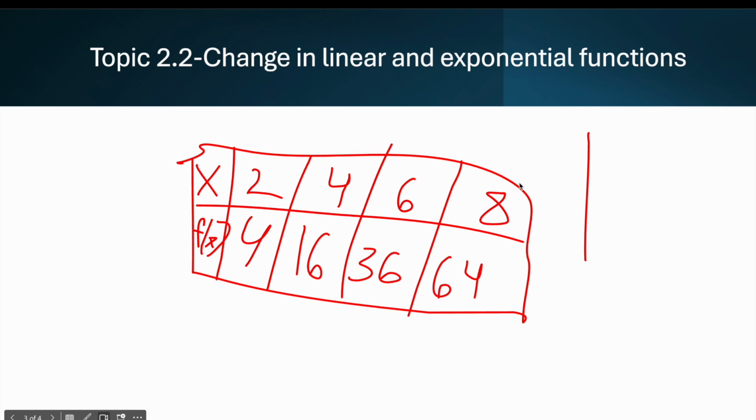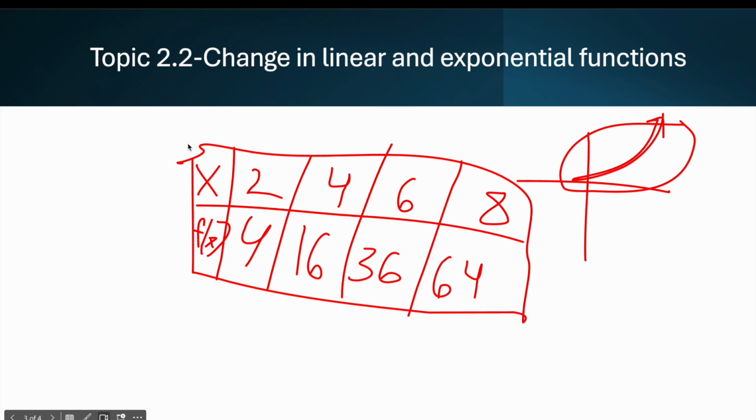If you were to graph this, you would probably see something like this, and this is what your exponential curve is meant to look like. It's supposed to be rising in that direction. I know you're smart enough to notice that our x value is squared each time it undergoes this function. So 2 squared is 4, 4 squared is 16, 6 squared is 36, 8 squared is 64. That is how change in linear and exponential functions are modeled.